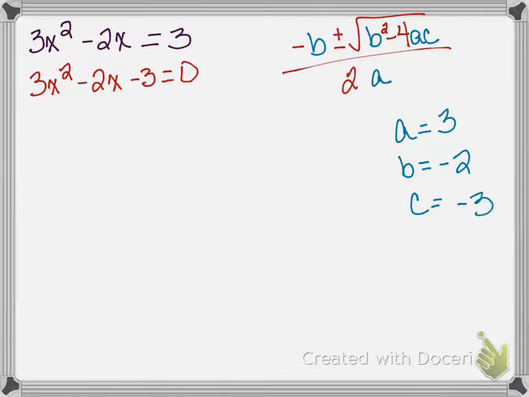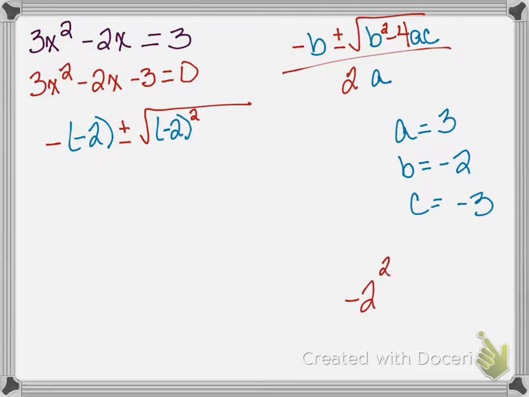Good. Okay, so I have negative negative 2 plus or minus the square root of negative 2, and I would get in the habit of putting that negative 2 in parentheses. That tells you to square the negative and the 2. When you write it without parentheses, you forget about that negative, and it actually doesn't mean to square the negative.